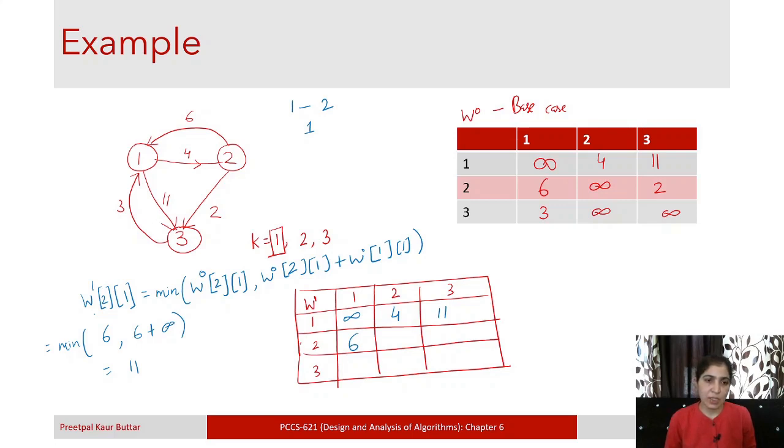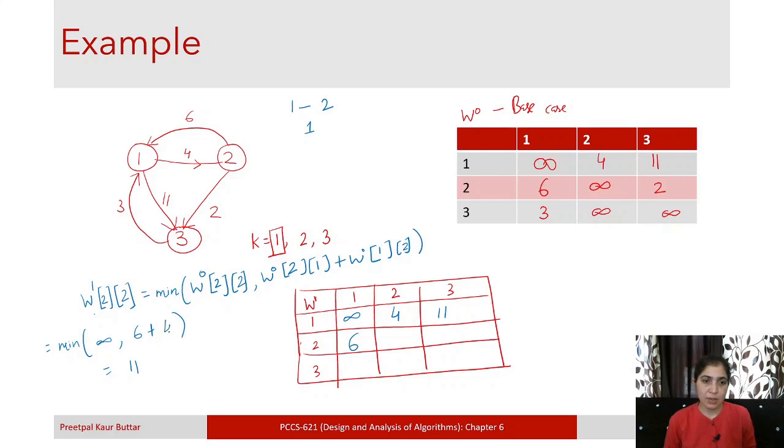If you change here to W22, then you will see it is infinity. 2, 1 is 6 and 1, 2 is 4. Now it is changing.